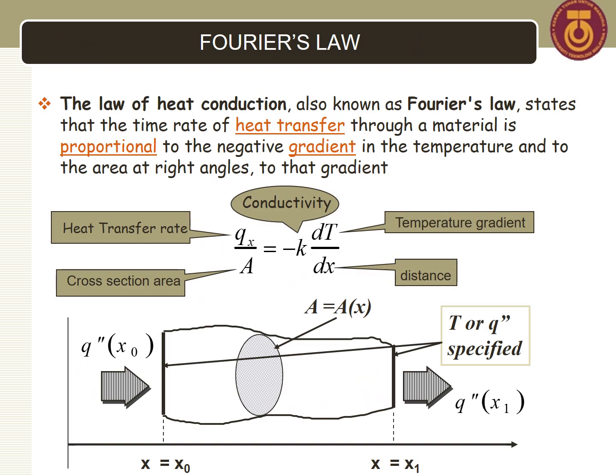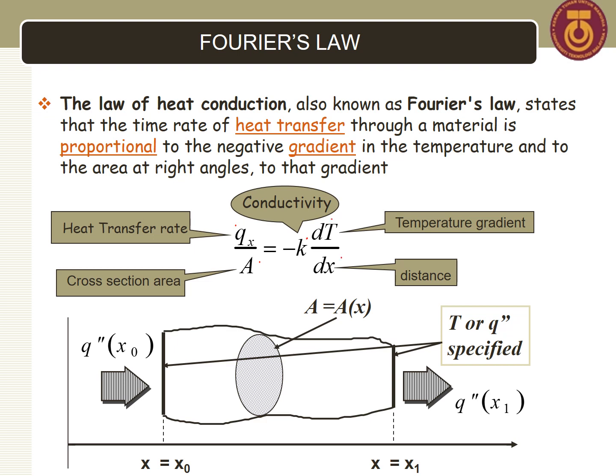Now firstly, let's take a closer look at Fourier's law. Fourier's law states that the time rate of heat transfer through a material is proportional to the negative gradient in the temperature and to the area at right angles to that gradient. So basically we have already gone through the meaning of each symbol in Fourier's law.